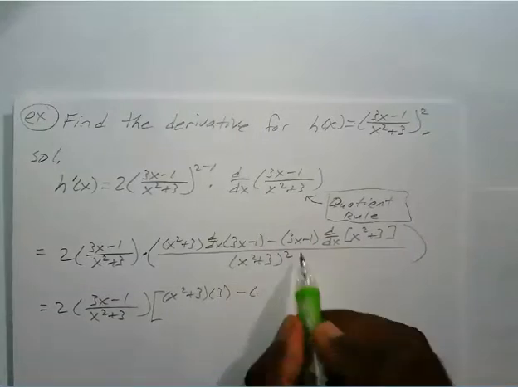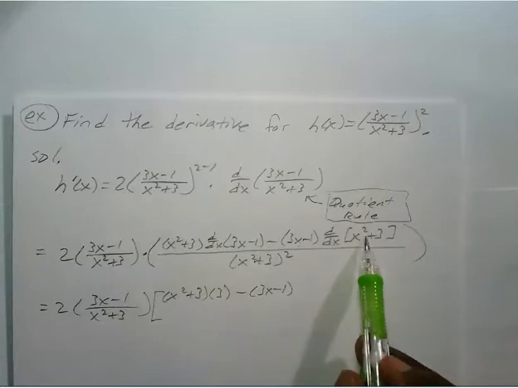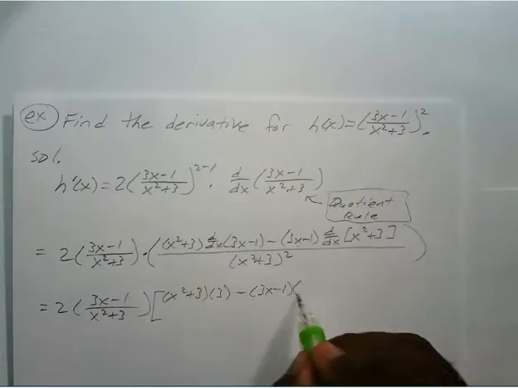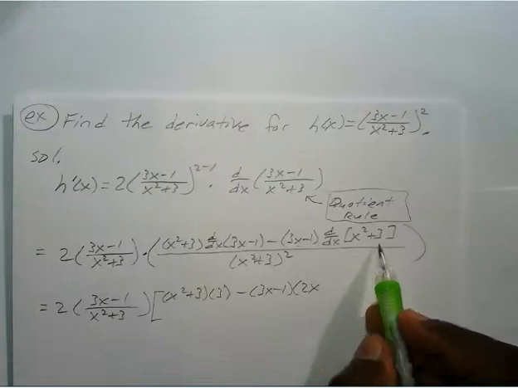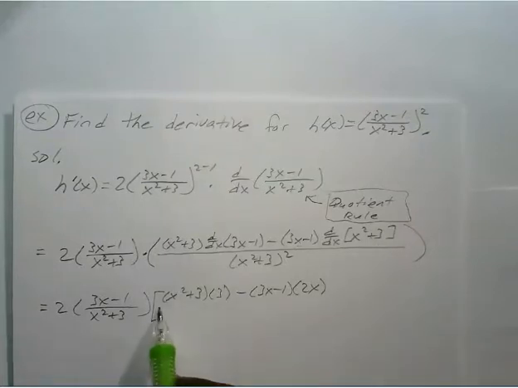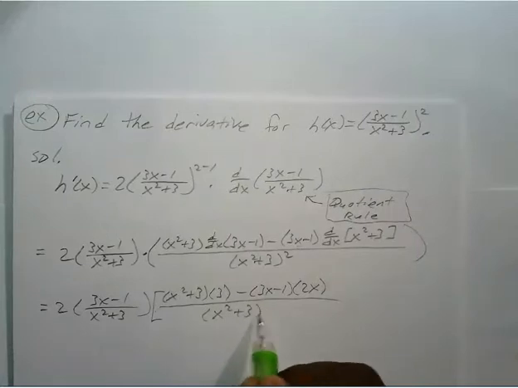Minus your 3x minus 1 times the derivative of x squared, which is 2x. And derivative of 3 is just 0, so that stays there. All over (x squared plus 3) squared.